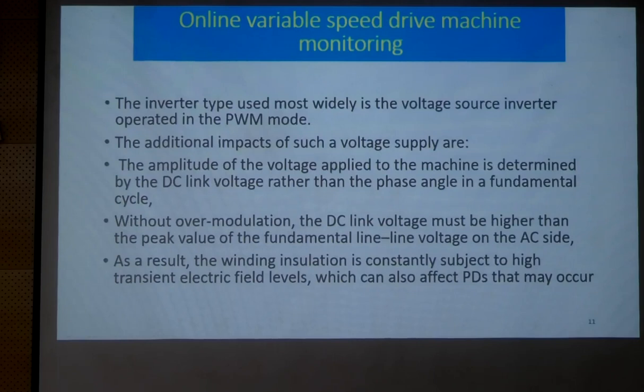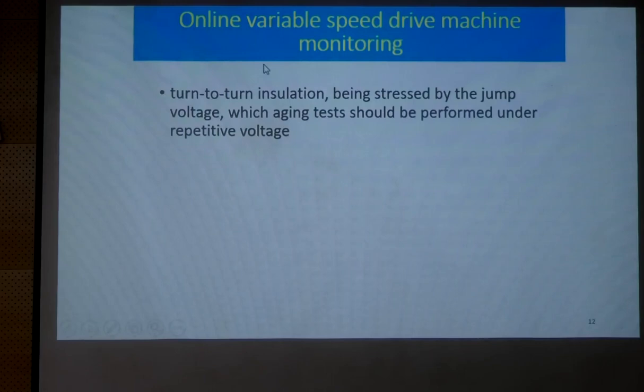The winding insulation is constantly subject to high transient electric fields, which should be withstood by the insulation. If not withstood, partial discharges will take place. Even turn to turn insulations with jump voltages need aging tests.